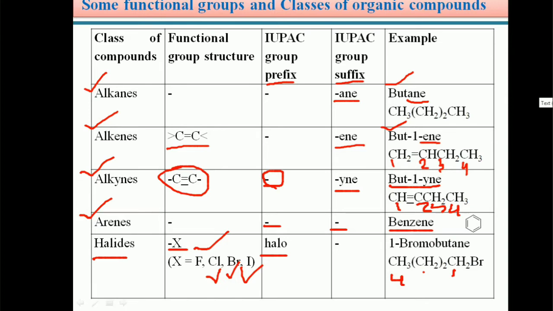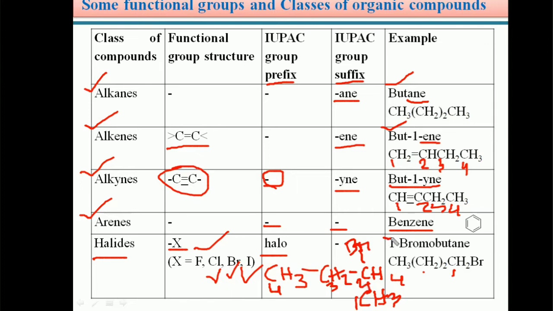For example, students, if the structure is like this, CH3, CH2, CH, CH3, if the alkyl chain is like this and the second carbon has a bromine as a substituent, then if you give numbering 1, 2, 3 and 4, its IUPAC name becomes 2-bromobutane. 2-bromobutane means bromine as a substituent on the second carbon in the parent chain.